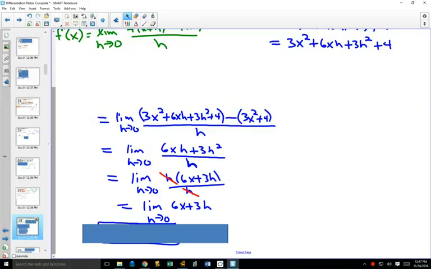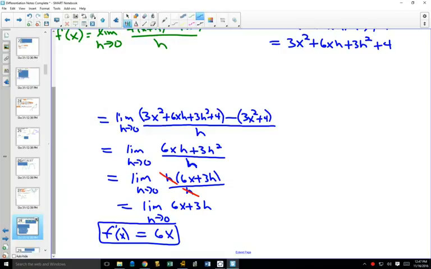And once that h is canceled out, now we can just apply the limit by plugging in 0 for h, and it's just equal to 6x. What does this mean? Okay, that's our gradient function.